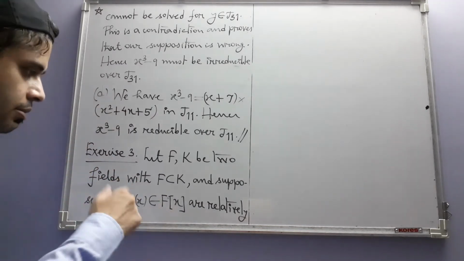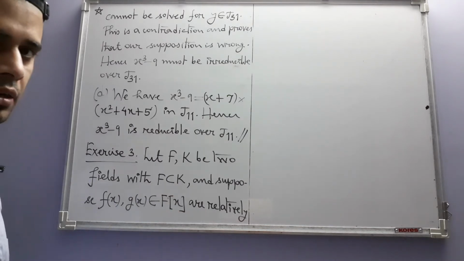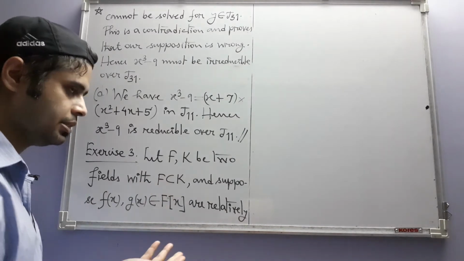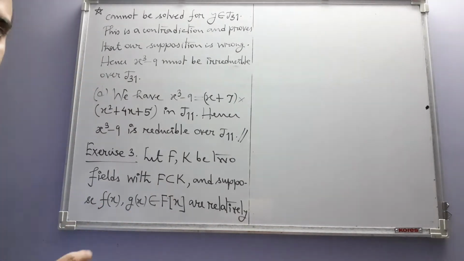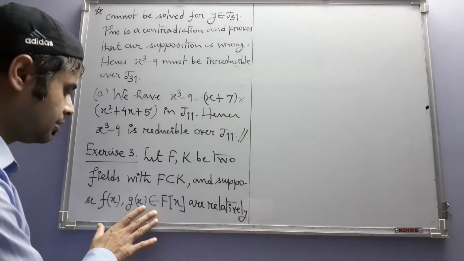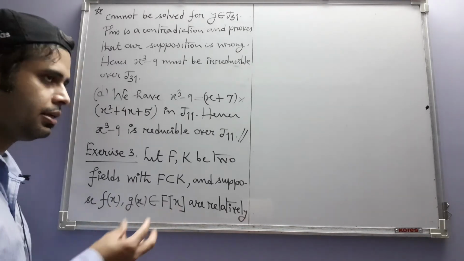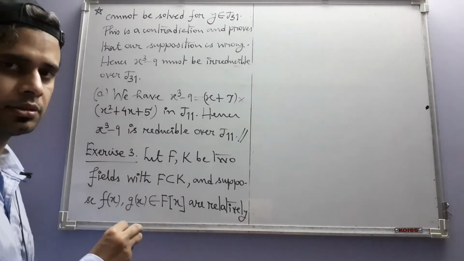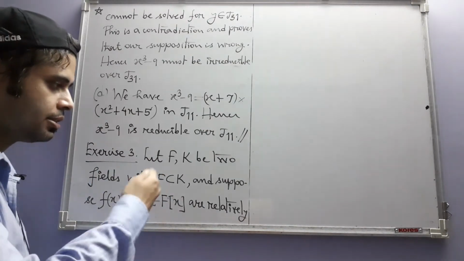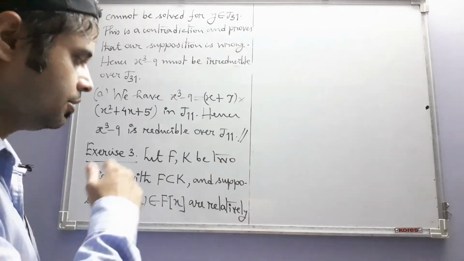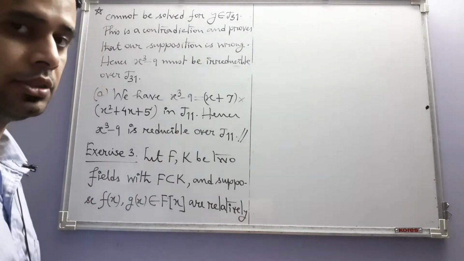Actually we take GCD to be equal to 1, but that is equivalent to the GCD being a non-zero constant polynomial, that means being a non-zero field element, because I have already said that once in a Euclidean ring you find a GCD of 2 elements, then you keep multiplying that GCD by units, you get new GCDs.